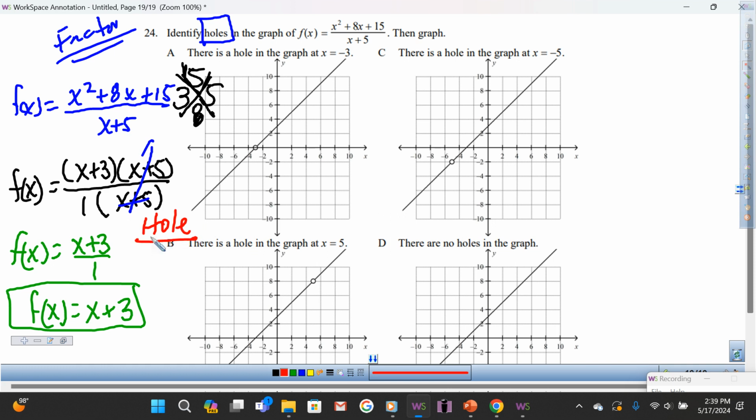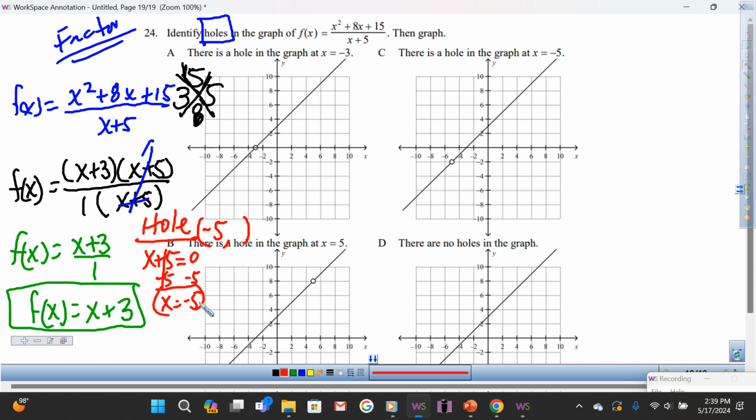So, what did we take out? X plus 5, set that equal to 0. Minus 5, minus 5, x equals negative 5. All right, so the x of my hole is negative 5. How do I find the f of x, or the other value?